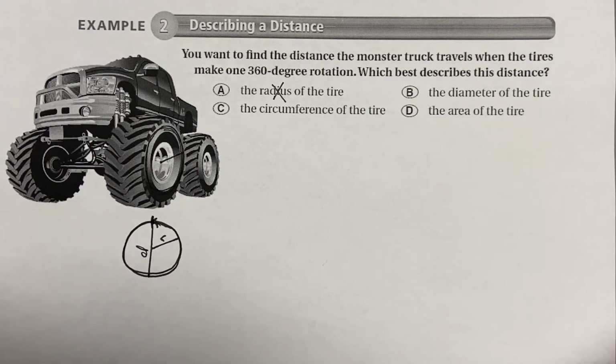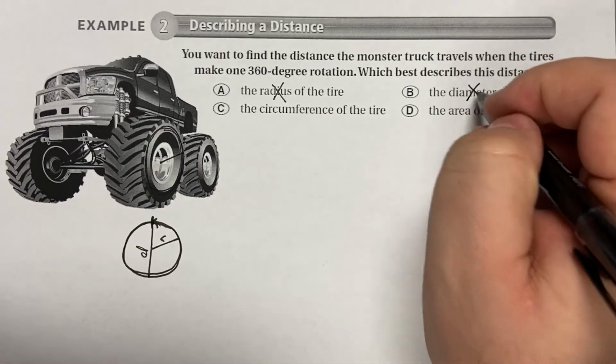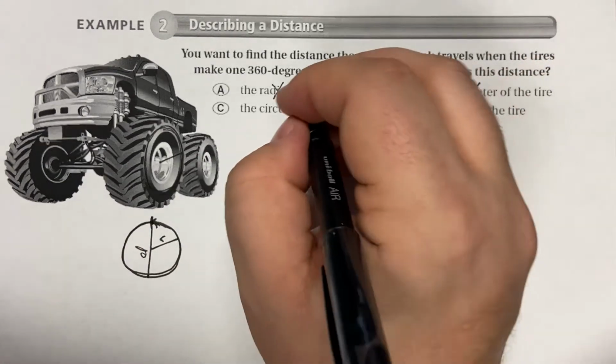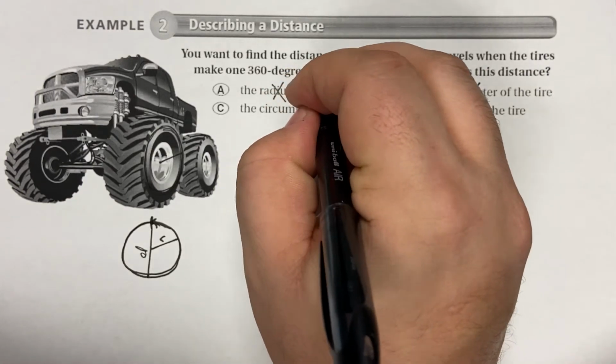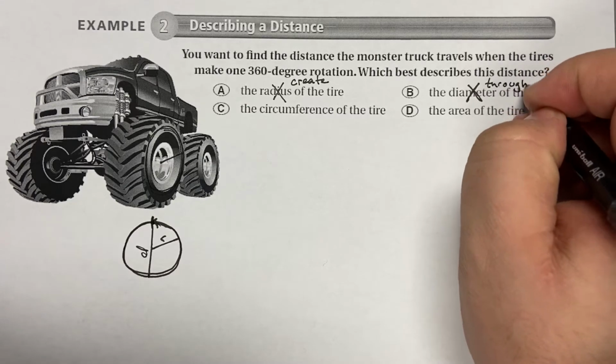But I don't see how it's going to tell us how far it's going to go around, so it's not diameter. That's through. The radius is to create. The diameter is through.